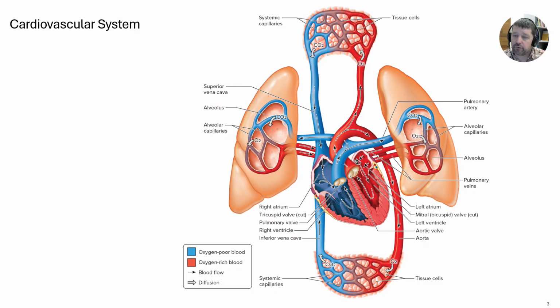Okay, in the lungs, and we'll cover what's going on, carbon dioxide is removed from the blood through diffusion. Oxygen enters the blood through diffusion, okay, and then the oxygenated blood returns to the heart. Okay, in this case, the left atrium first, then the left ventricle.